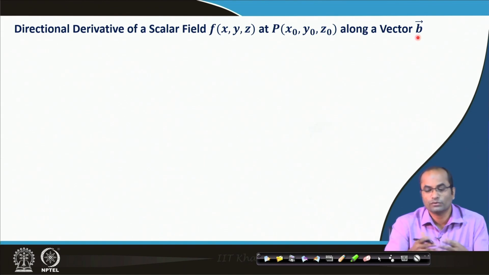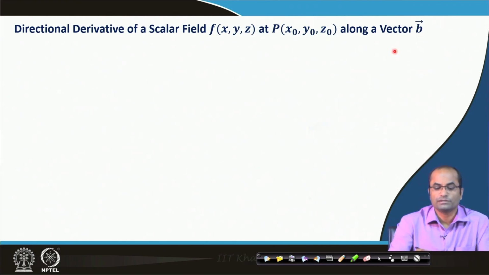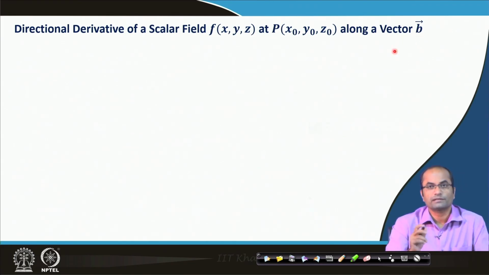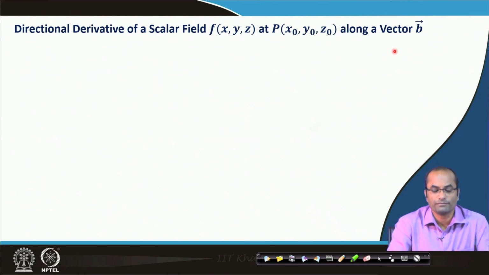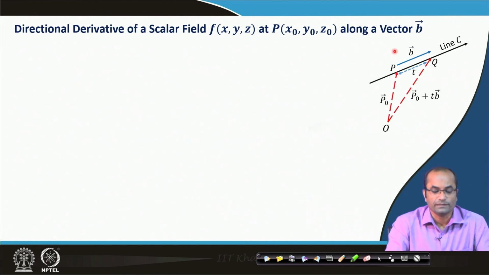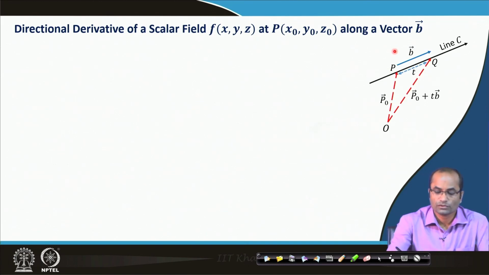That is more general and more interesting, because our interest may be how this function changes in a particular direction, not just with respect to x, y and z. So the concept of derivative will be generalized by this given direction b. Our interest is how the scalar function f changes in the direction of b.